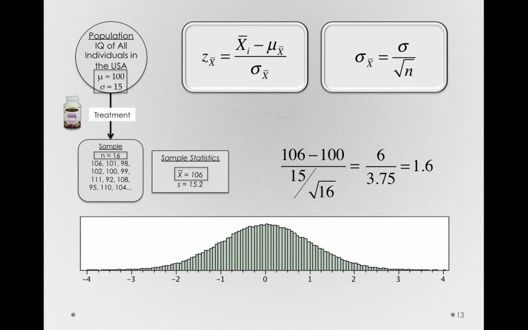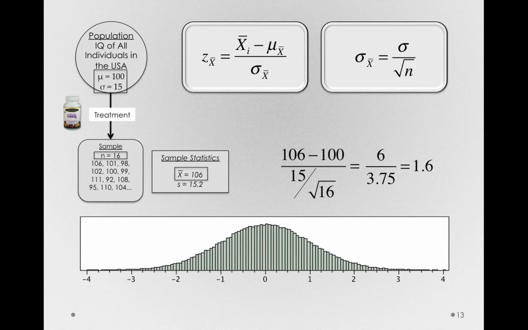The reason that works is because when we z-score any normal distribution, we end up with a distribution with a mean of 0 and a standard deviation of 1. So, if we know the sampling distribution, once z-scored, will have that property, then we can simply z-score our sample mean in order to locate it in a sampling distribution.